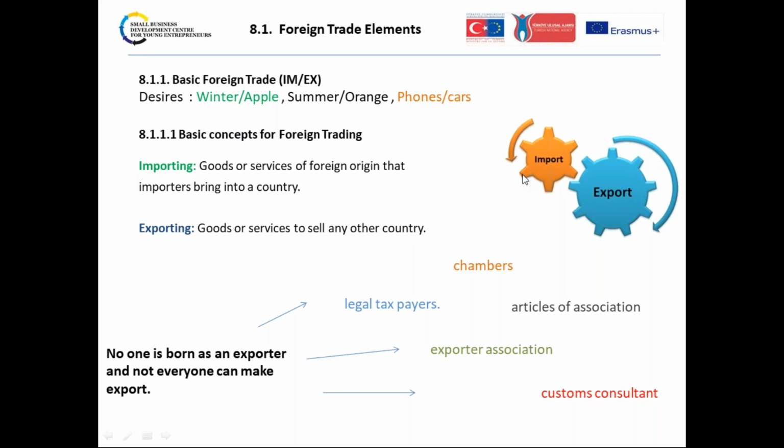So that means everybody in the world can make export. But the important thing is you should know some steps and you should be ready legally in your country to make export. So let's go through how you can be an exporter.